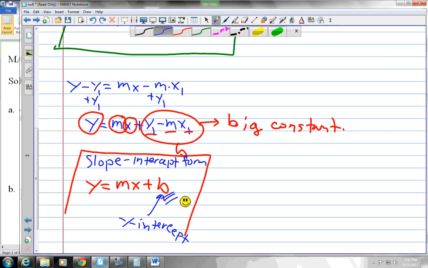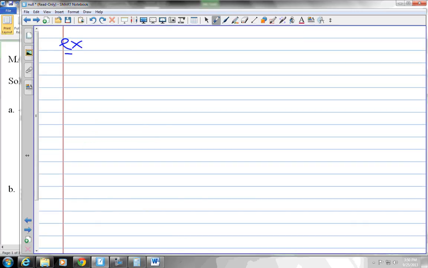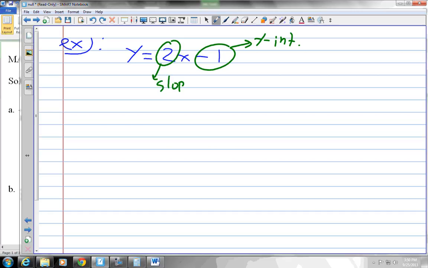So for example, if I write something like this, y equals 2x minus 1, that is a linear equation that is written in mx plus b form. I see that constant, -1, is the y-intercept, automatically. -1, that's the y-intercept. 2 is the slope. So I can go ahead and sketch that line really fast.